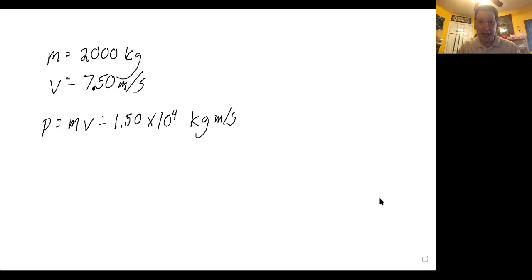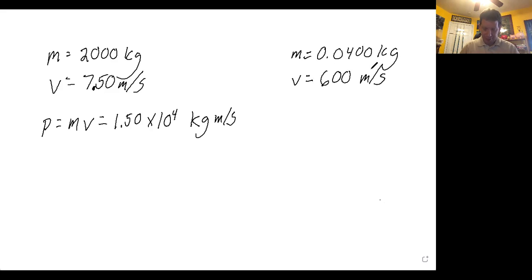So that's 0.0400 kilograms, so a 40-gram tranquilizer dart, and you can shoot it at 600 meters per second.